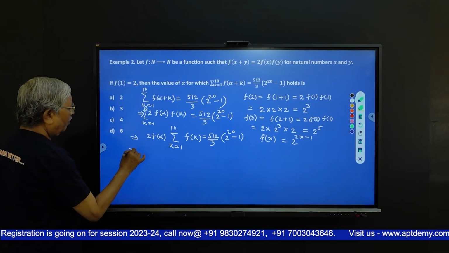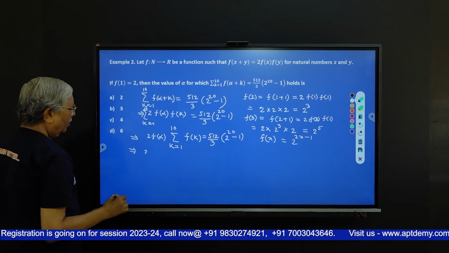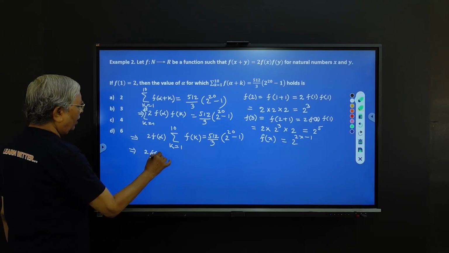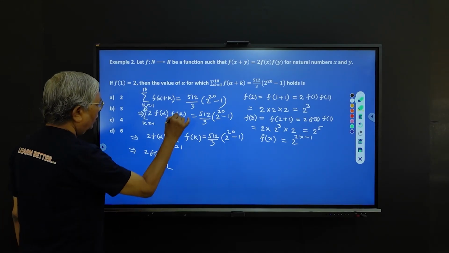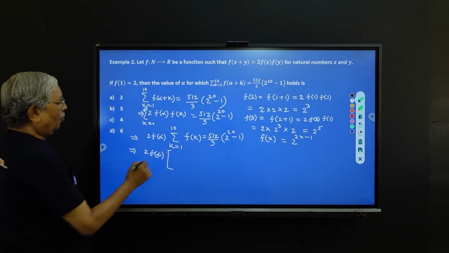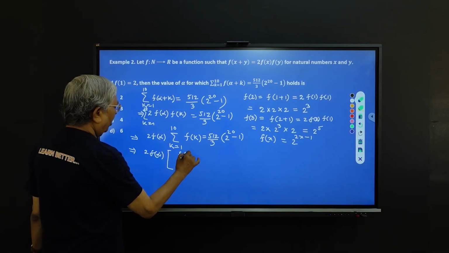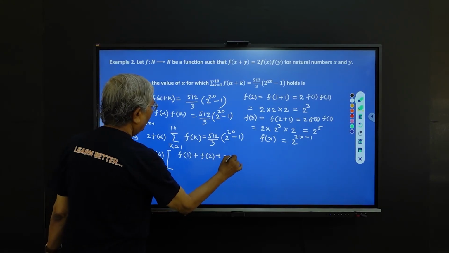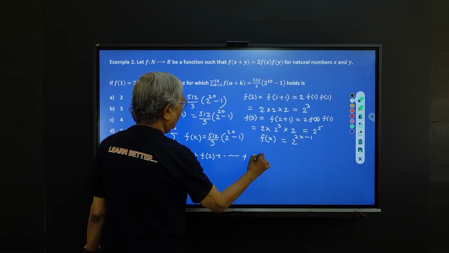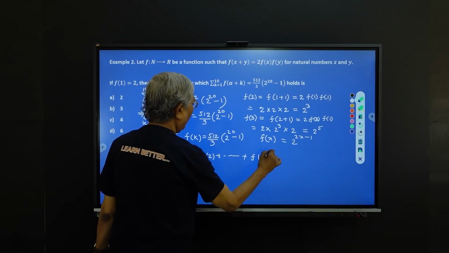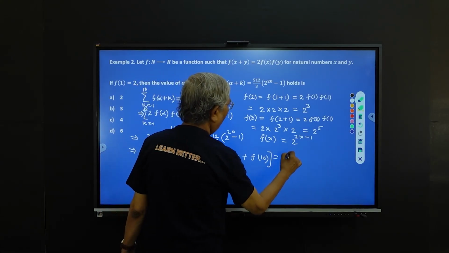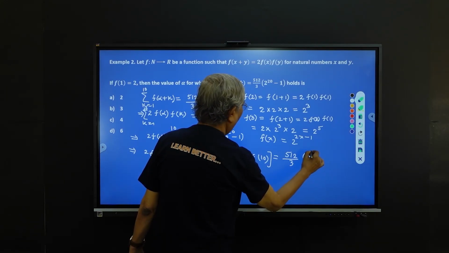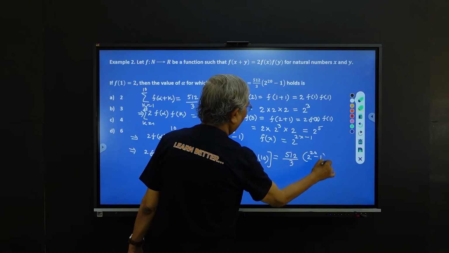So this implies 2 into f(α) into, bracket, k equal to 1, this is our f(1), plus if k is equal to 2, f(2), this is our f(2), up to f(10), is equal to 512 by 3 into (2 to the power 20 minus 1).